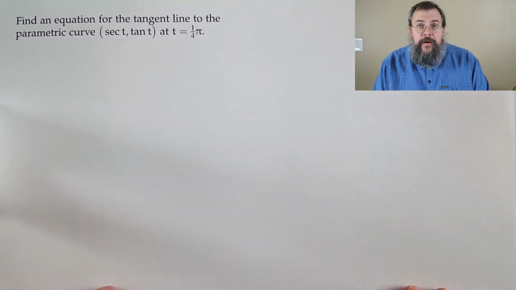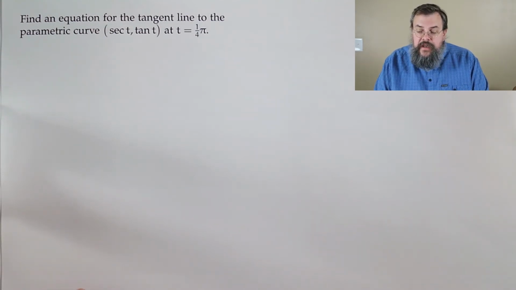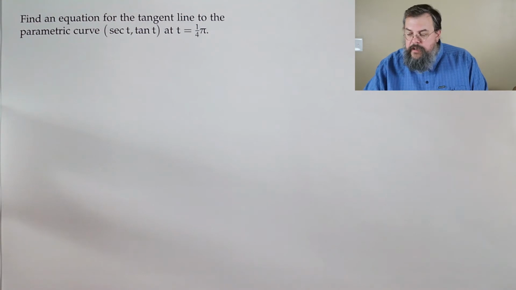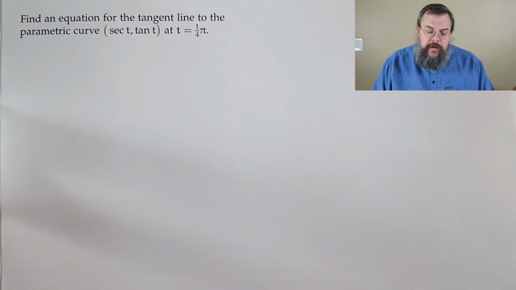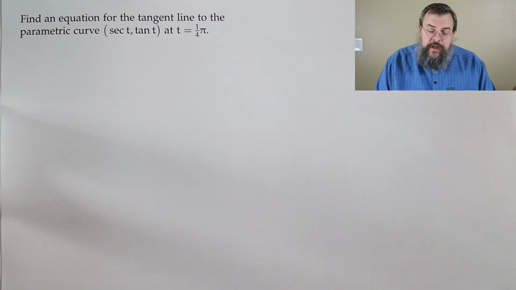All right. Well, find an equation for the tangent line to the parametric curve secant t, tangent t, at t equals pi fourths. Okay, well, let's think about it. What do we need? If we need to find a tangent line, we need to find a line.